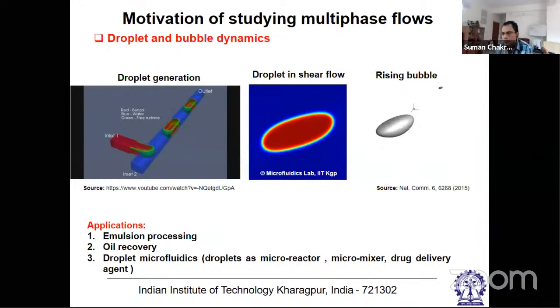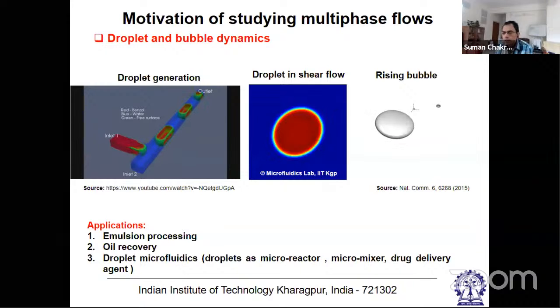For example, emulsion processing, oil recovery, or the biomedical applications of droplet microfluidics like microreaction, micromixing, drug delivery. These applications are very important.